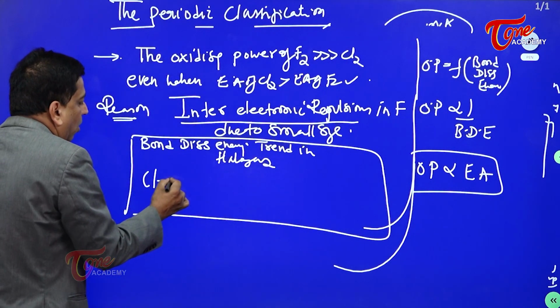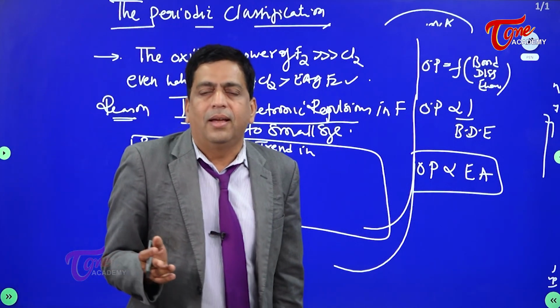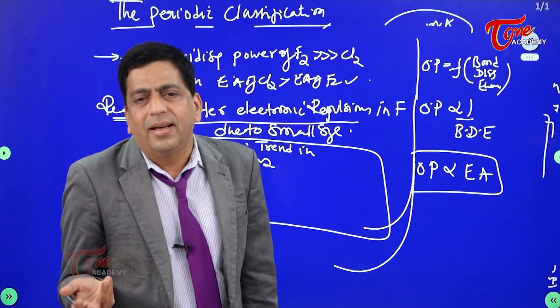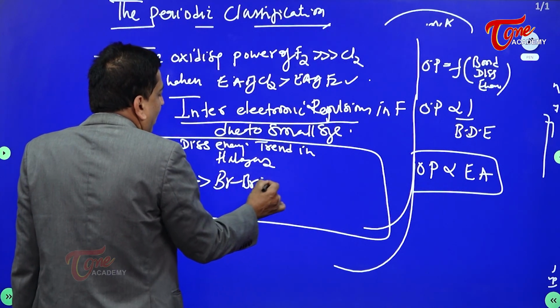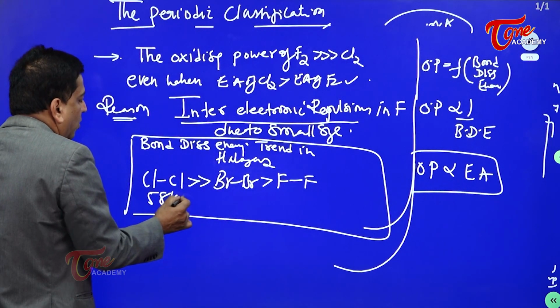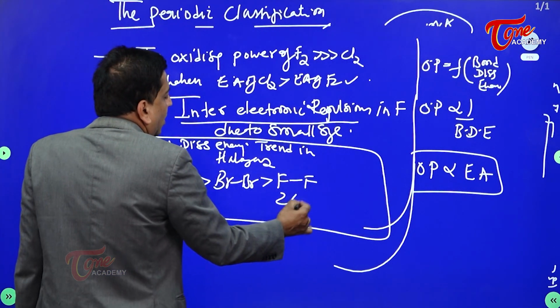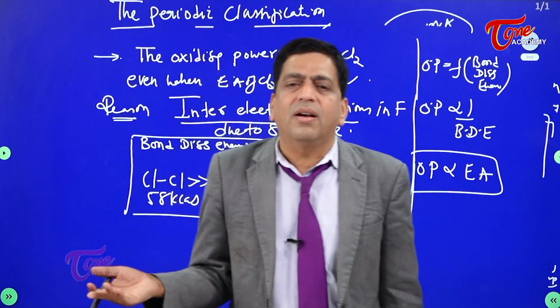It starts from chlorine, which is very much higher, and then comes bromine. There is nowhere fluorine here, and it is kicked to the third position. This is almost 58 kilocalories, and this is 26 kilocalories. It is half that of chlorine.